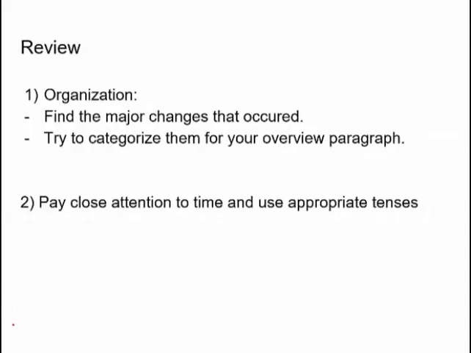Okay, so to review, the most difficult part of these map questions for most students is just thinking about how to summarize and write an overview paragraph that presents the most important changes that occurred. So as we saw, what you should try to do is locate those major changes and then see if you can categorize them in some way.